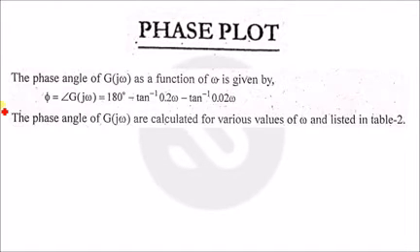Then what you do, you write 180, okay, then put minus, then tan inverse 0.02 omega. Okay, but omega is not in your calculator. We have x, y, those values. So we want to write tan inverse 0.2x. How to write? Shift, then tan. If you press shift tan, you will get tan inverse. Then write 0.2, instead of omega you have to put x.